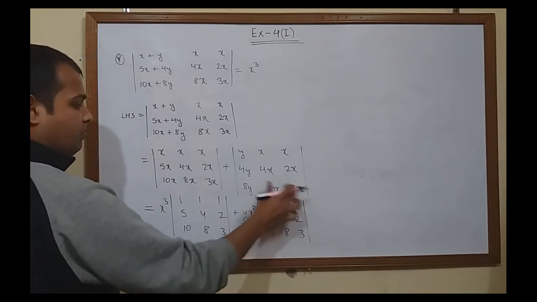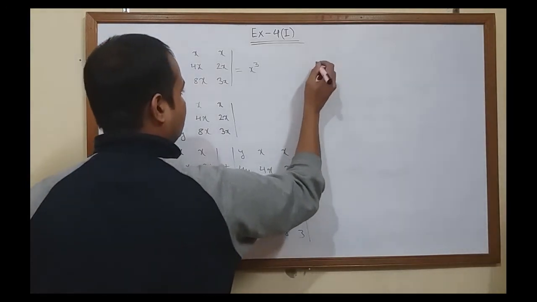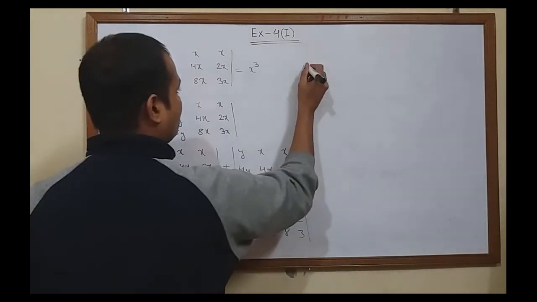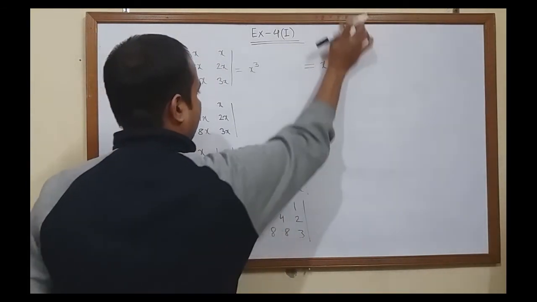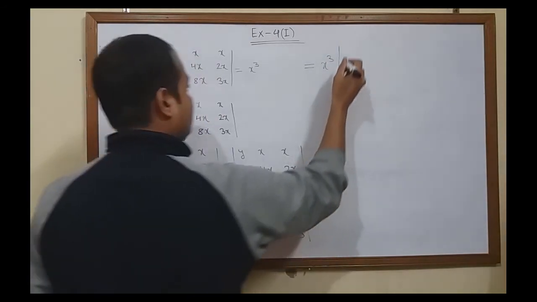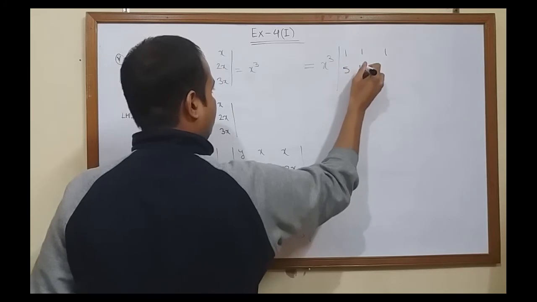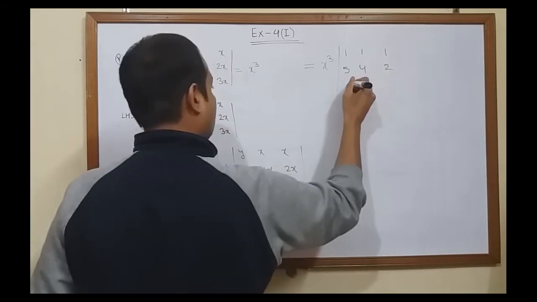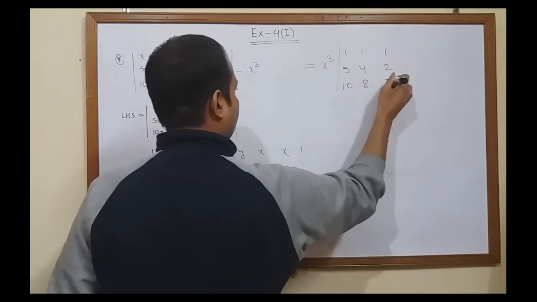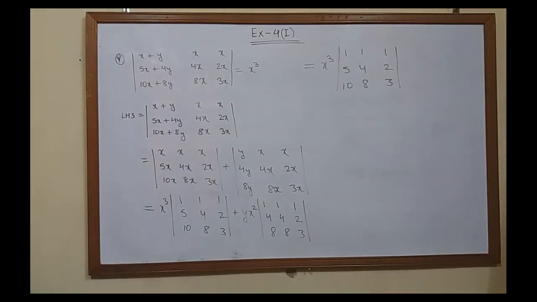So in the next step we are getting rid of the second part. Instead we are getting x cube times the determinant 1 1 1, 5 4 2, 10 8 3. Okay, so we got this.